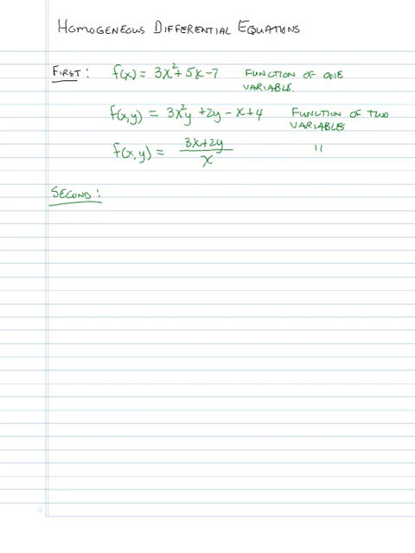Okay. The second thing we need to be concerned about now is what is a homogeneous function. So first, before we can talk about homogeneous equations, a function in, let's say, two variables, f of xy, is homogeneous provided f of, let's say, replace x with t times x and replace y with t times y.